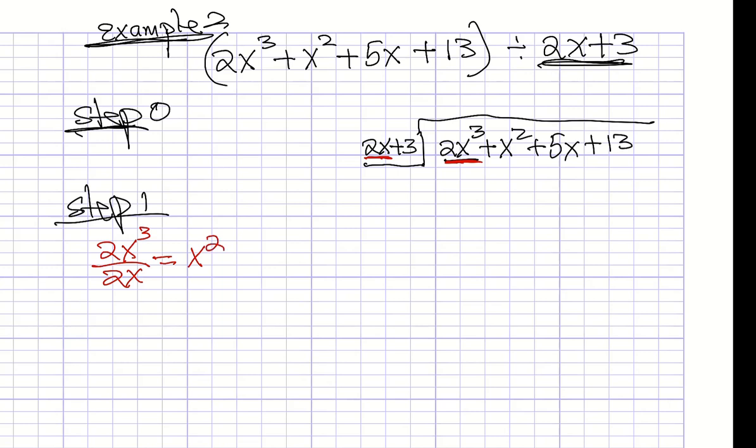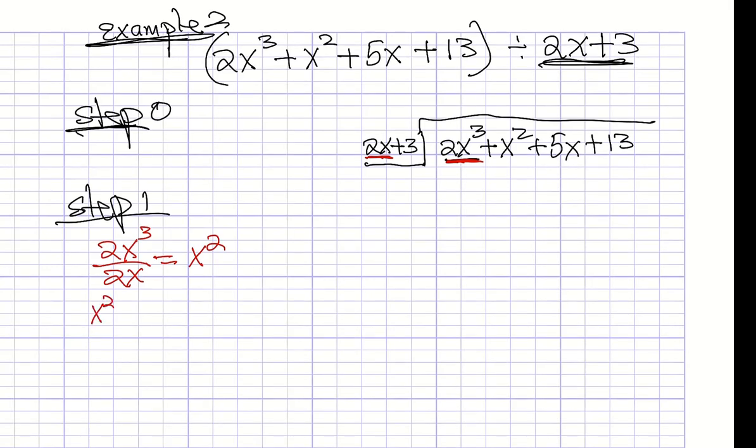And then you take that x squared and multiply it by the divisor: x squared times the divisor 2x plus 3. That's why we did a lot of that in the previous video, the one we did yesterday. So you multiply out, what do you get?